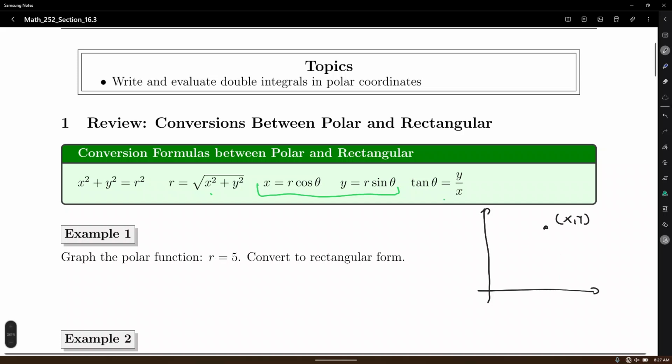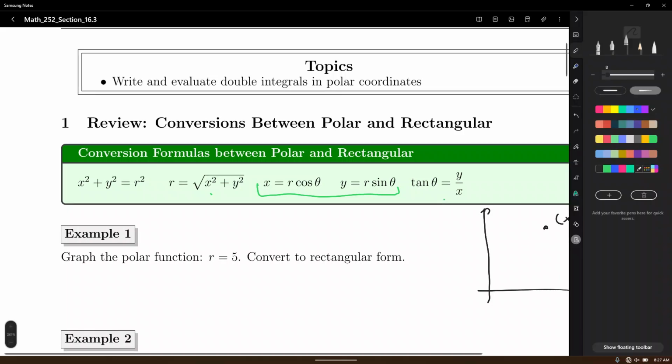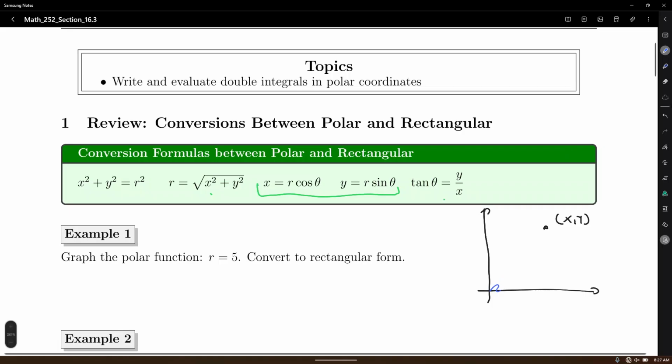Let me describe this with this ray right here. This ray goes from the origin to the point in question, so it's going to have some radius, some distance, and it's going to be panned by an angle that I'm going to call theta.